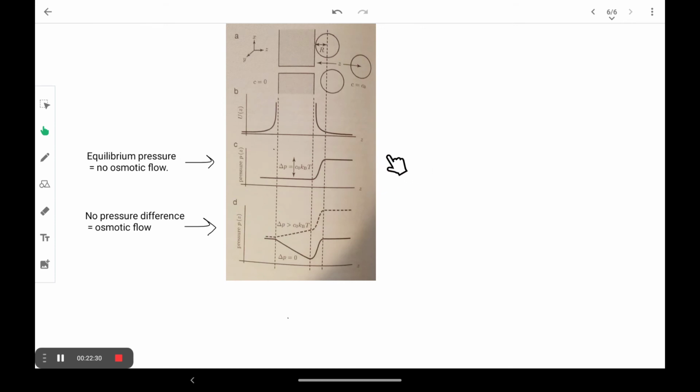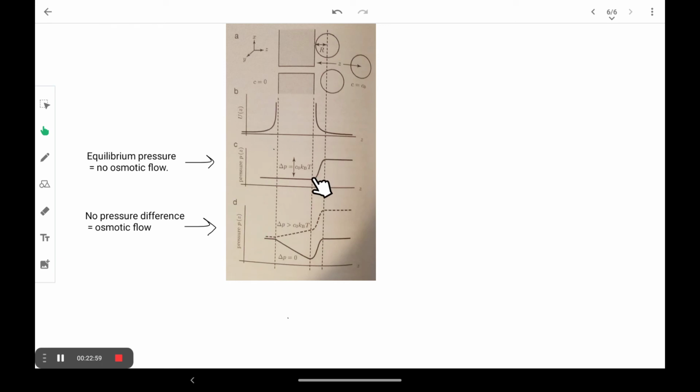So we would have to apply a pressure on this side that's bigger than the pressure on this side in order to keep nothing flowing through, because of this pressure change that we get due to the bouncing off the wall. So that Van Hoff equation, from a force perspective, describes the pressure change here in this region.